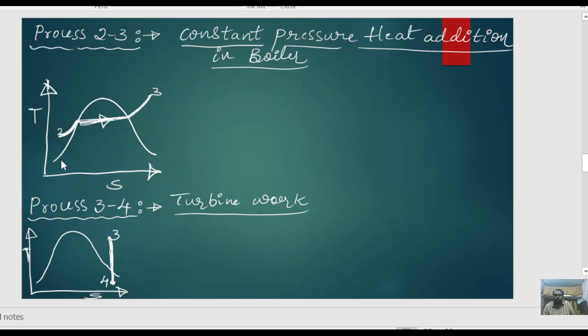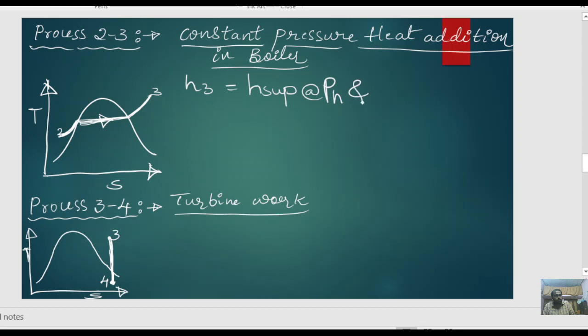The next formula is for 2 to 3. We know H1, we know H2. Now we have to find H3. The formula for H3 is H3 equal to H sup, means enthalpy of superheated steam at higher pressure.